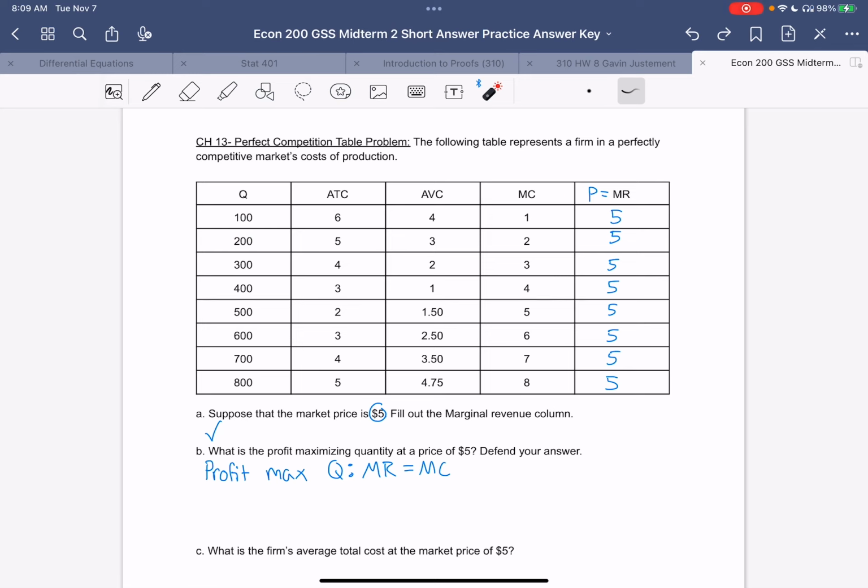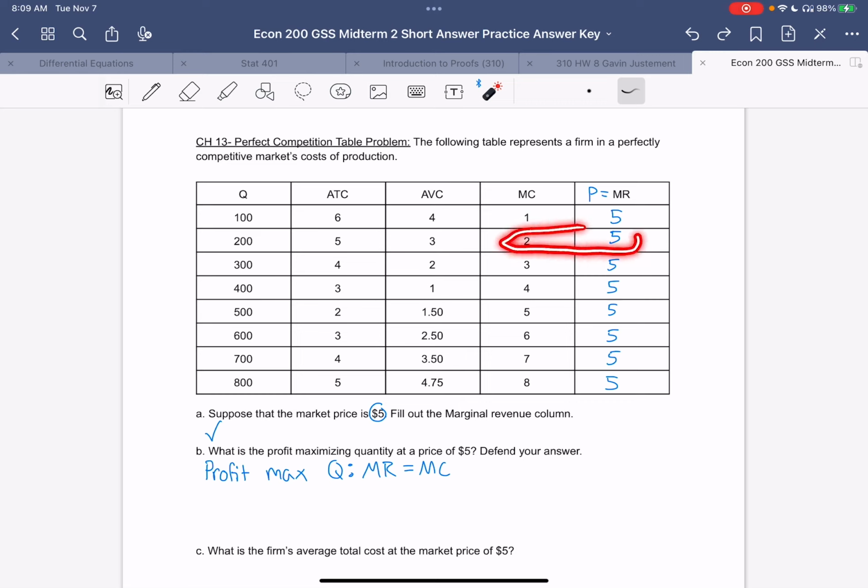So my marginal revenue, so the additional revenue I bring in for producing 100 units of this good is 5, and then the marginal cost is 1. So I'm bringing in $5 and I only have to spend $1. So of course I'm going to sell these first 100 units because my marginal revenue is greater than my marginal cost.